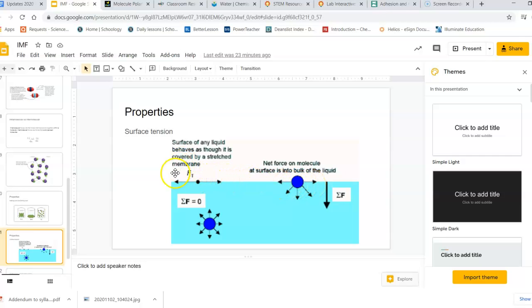What that means is at the surface of any liquid, there's almost a membrane-like appearance or property to it. So at the surface of any liquid, the intermolecular forces are much greater.